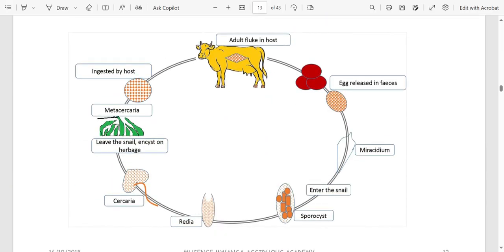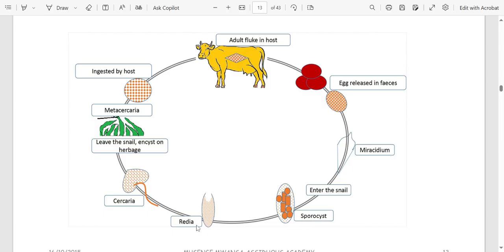Okay, so you can see again here, this is the cow that can release these eggs in feces, and the eggs contain immature larvae. So the larva is going to come out, the miracidium. Miracidium is going to enter the snail and convert into sporocyst.